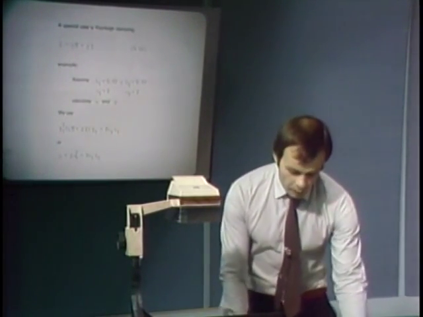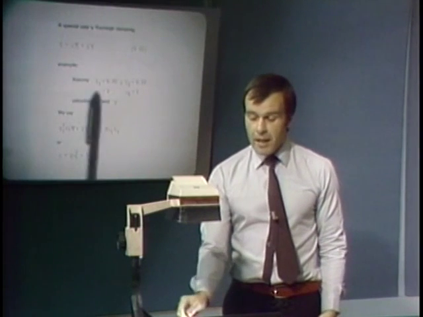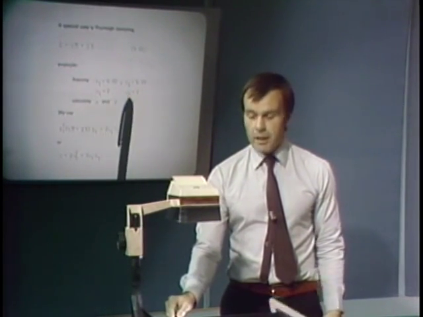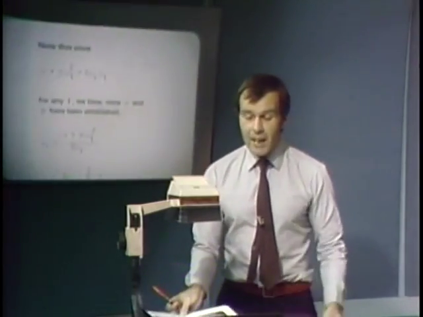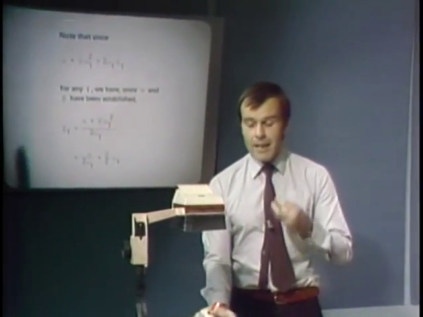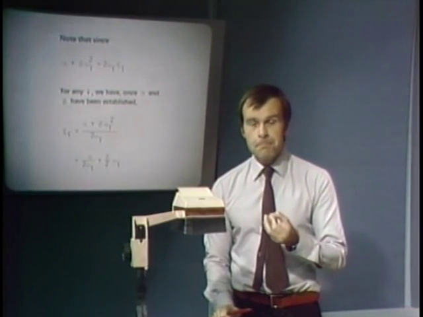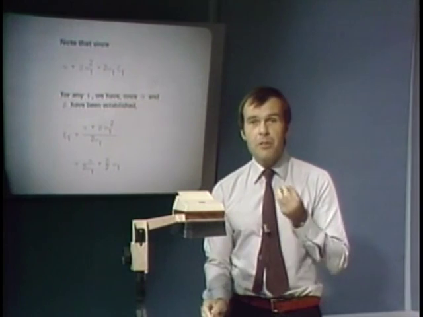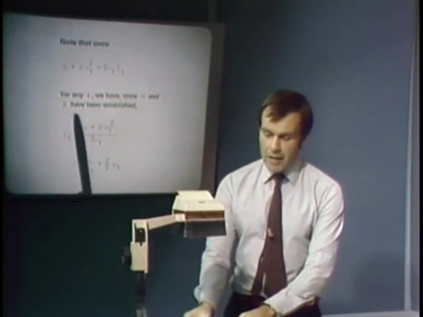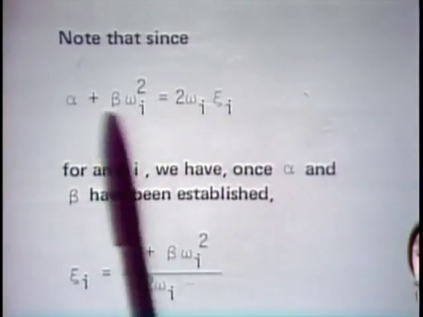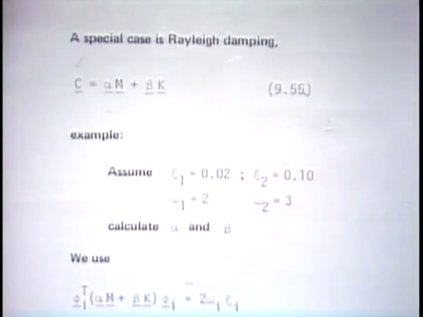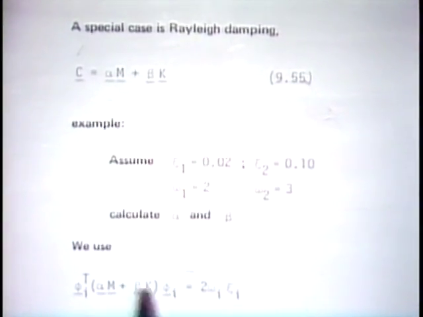Then, of course, we would have to ask ourselves, well, knowing these psi values for omega 1 and omega 2, what are now the psi values that we are implicitly using for the higher modes when we employ this specific C matrix? And we use now this equation here. This is the equation which we already derived on this view graph here by looking at this relation.